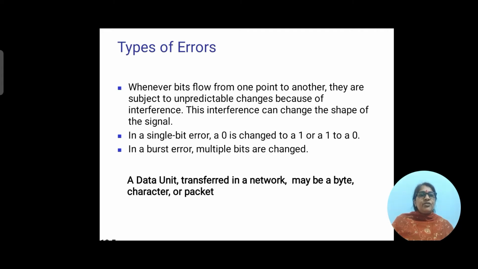Whenever bits flow from one point to another, they are subjected to unpredictable changes because of interference. The interference can change the shape of the signal. In a single bit error, a 0 is changed to 1 or 1 to 0.